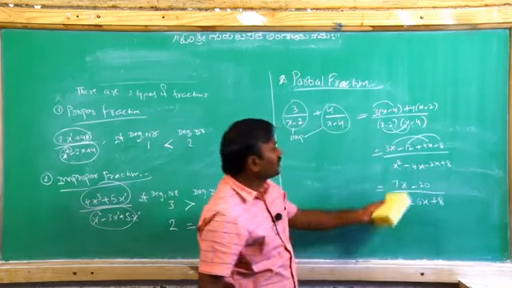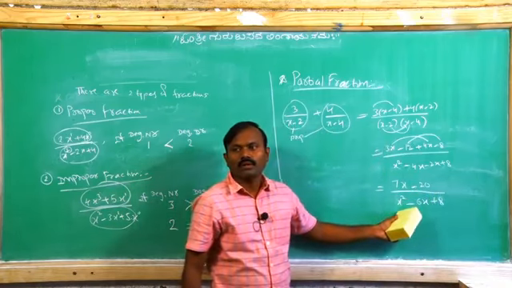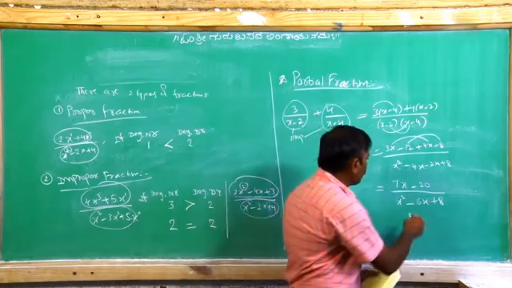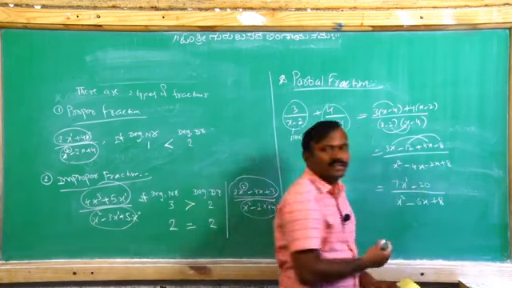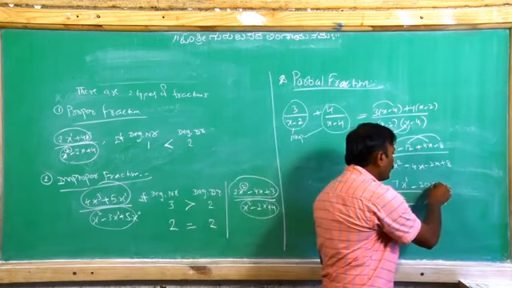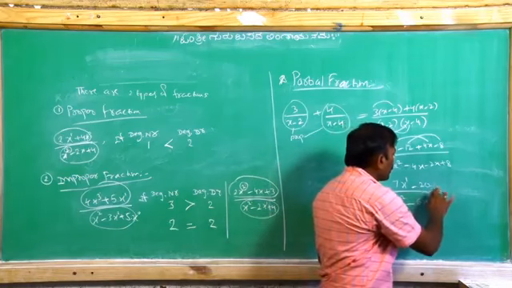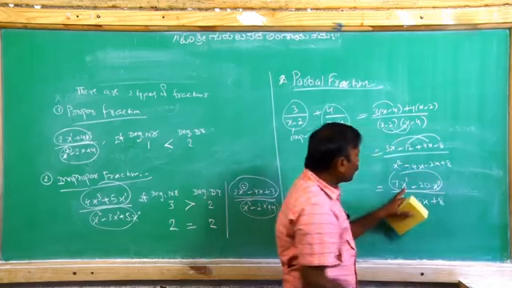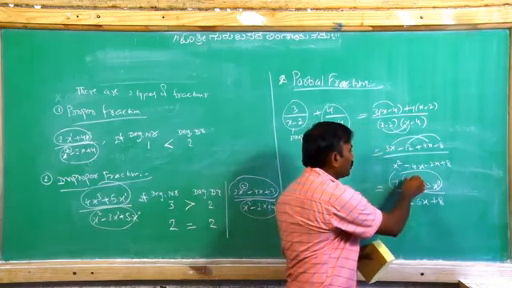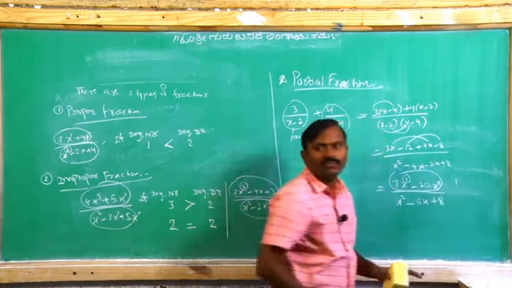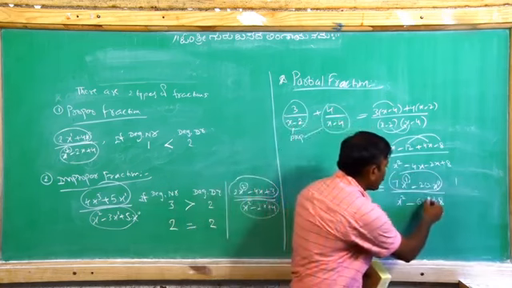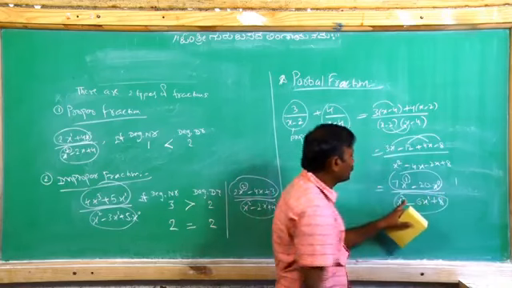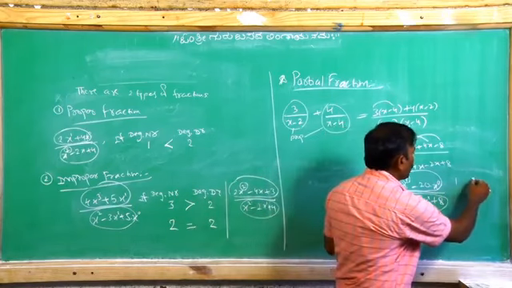Okay. Find whether this is proper or improper. This is a proper fraction. In the numerator, the highest power of x is 1, so the degree of the numerator is 1. In the denominator, the highest power of x is 2, so the degree of the denominator is 2.